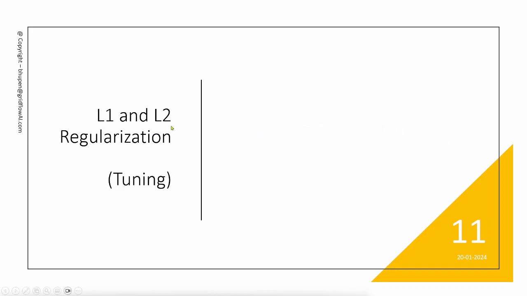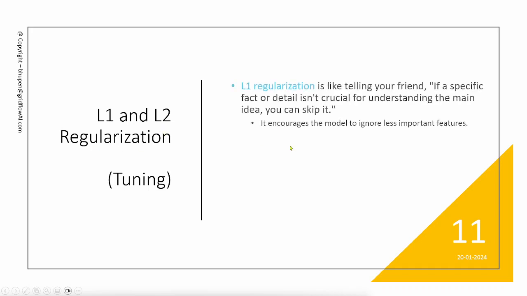L1 and L2 regularization are two flavors of regularization. So what is L1 regularization? It's like telling your friend if a specific point or a topic or maybe keyword is not crucial, then simply forget it. This is called L1 regularization, and we will see how it is done in terms of machine learning.